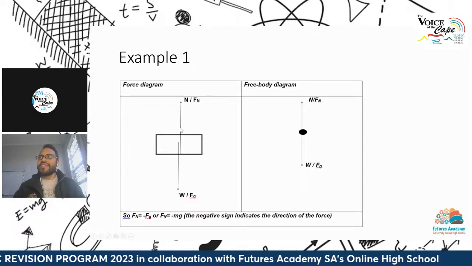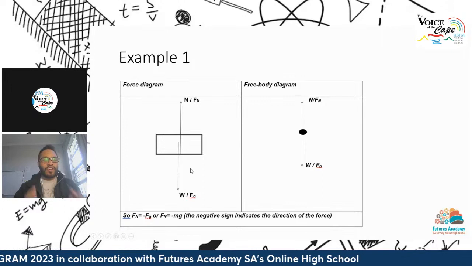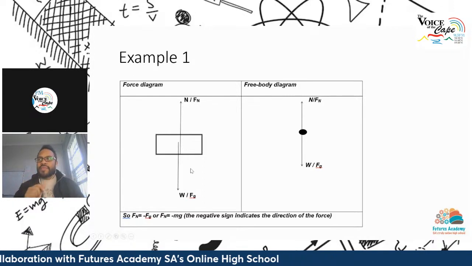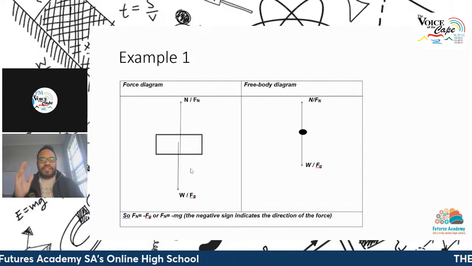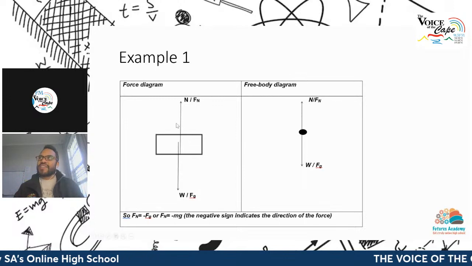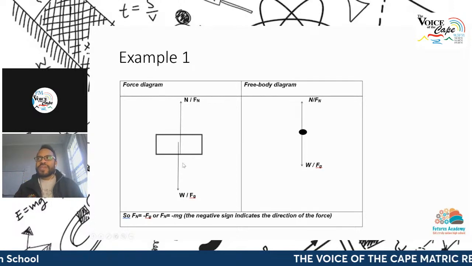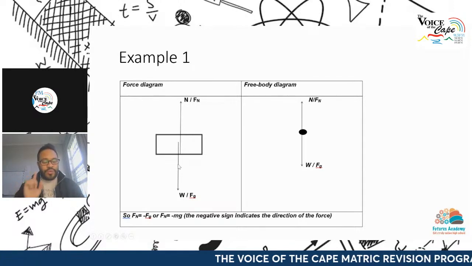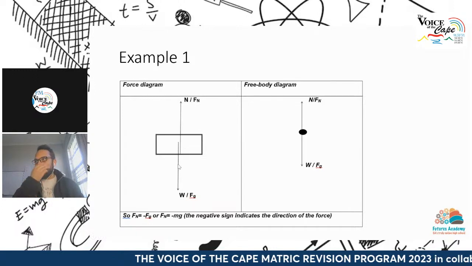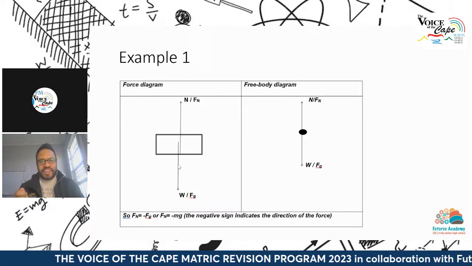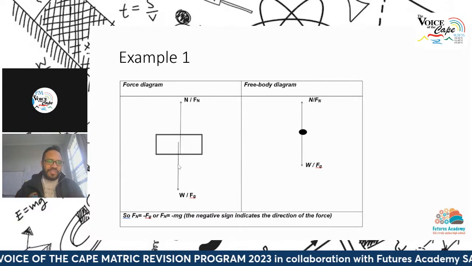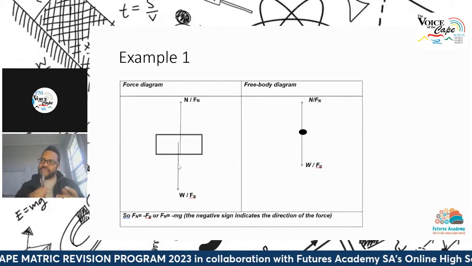And so clearly the normal force and the gravitational force are not equal. However, they are equal in magnitude. In other words, if this was a 10 Newton force, then this would also be 10 Newtons, but with different directions.